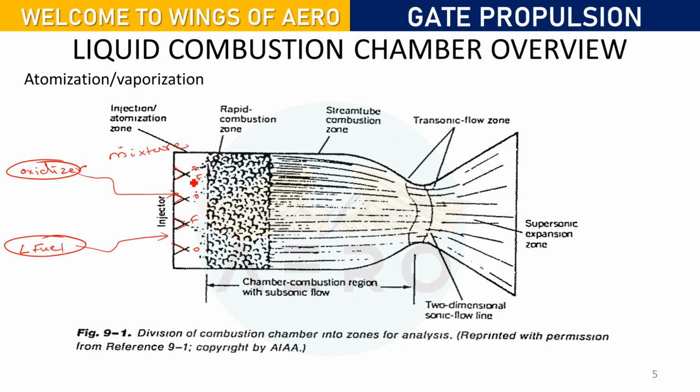Now let's assume that any one of the mechanisms has been chosen, and the combustion has been initiated in the combustion chamber. After that the gas started to move towards the convergent section. This is called the convergent section, this is the throat section, and this is the nozzle section, right?